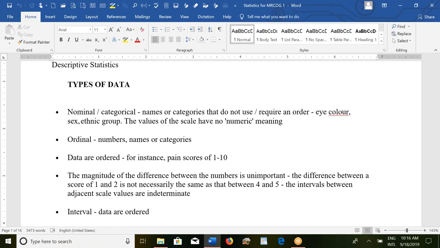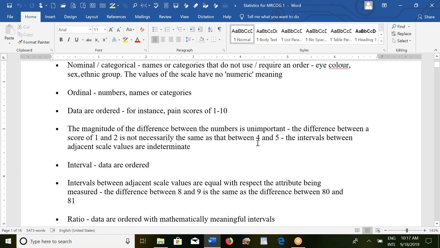The interval between adjacent scale values is indeterminate. Let's say between 1 and 2 there is a difference of 10 points, and between 4 and 5 there is a difference of 5 points. So it is not the same. Both values have different gaps, different differences. So it is not the same for all the cases.